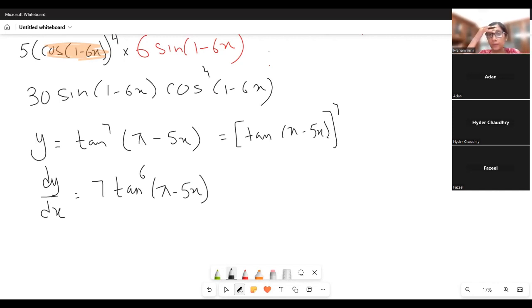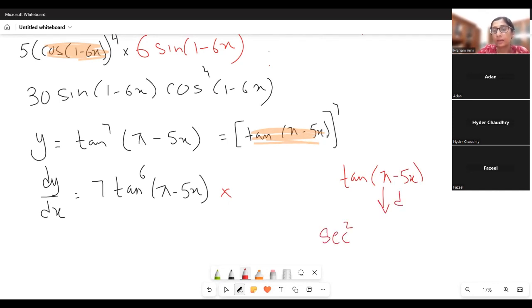So I've applied the power rule, but now I have to derivate this. So I'm going to do that on the side. So it's going to be tan pi minus 5x. Derivative of this is secant square pi minus 5x times the derivative of pi minus 5x, which is 0 minus 5, so that's just minus 5.